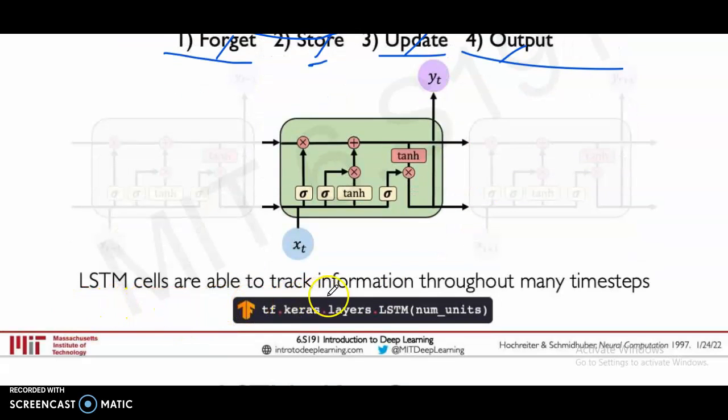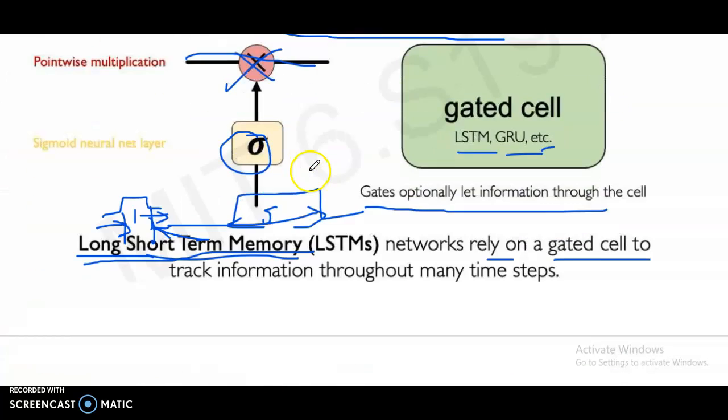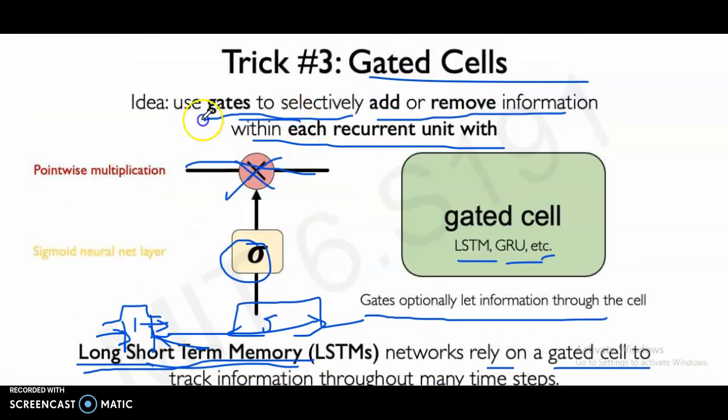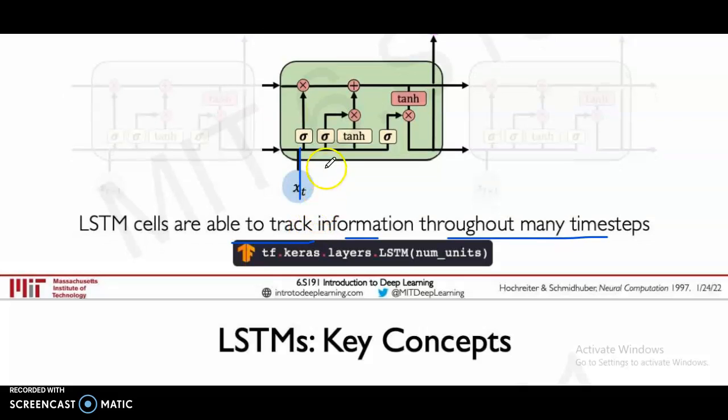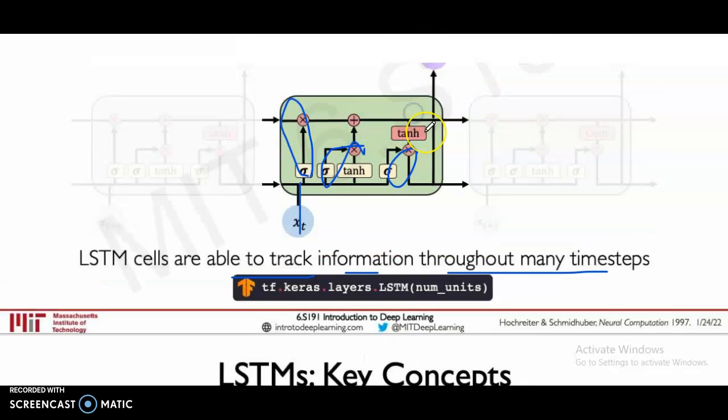LSTM cells are able to track information throughout many time steps. XT, here only. This is the gated cell. So here we apply the gated cell, LSTM, total.